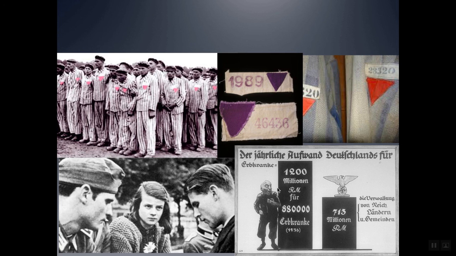So he's saying handicapped people. We spent this much money, and this is how much money we spent on improving our country. So his goal was to say, hey, if we could eliminate this, we could spend and devote more of it to improving our country. So you guys can see just how damaging some of these messages were.